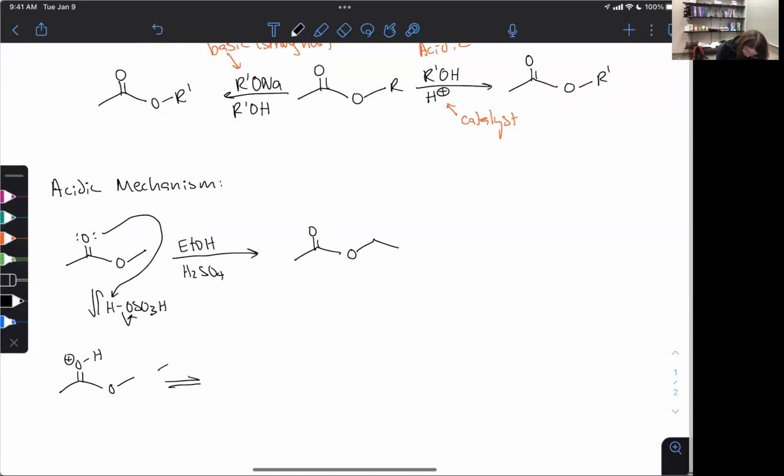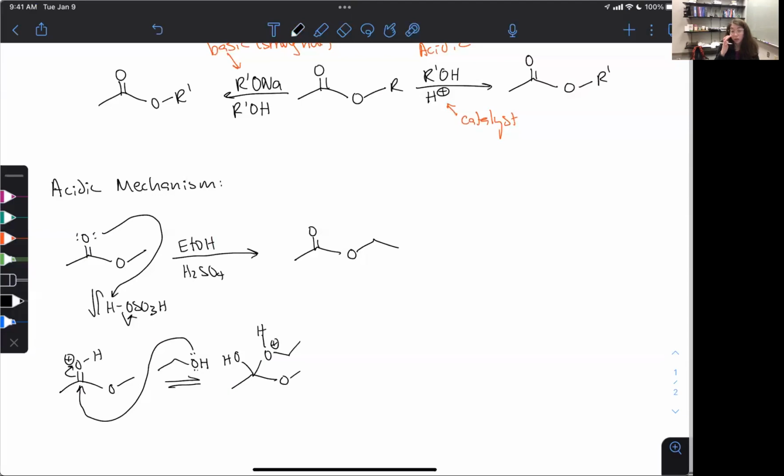So our nucleophile is going to be our ethanol here. We can go attack that carbonyl, move the electrons up. We end up with this intermediate.